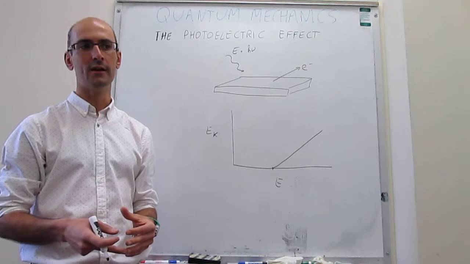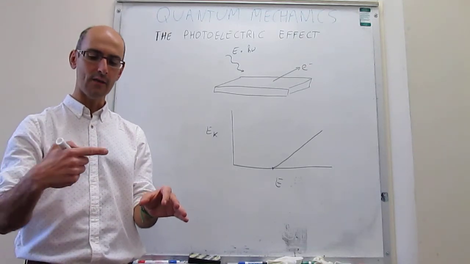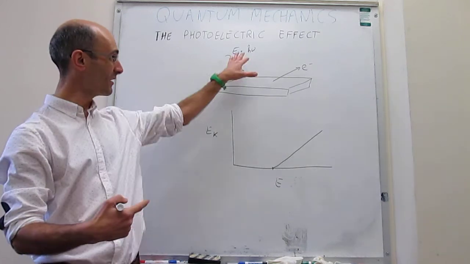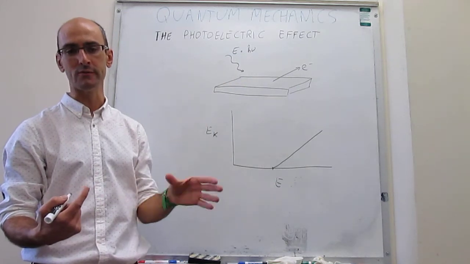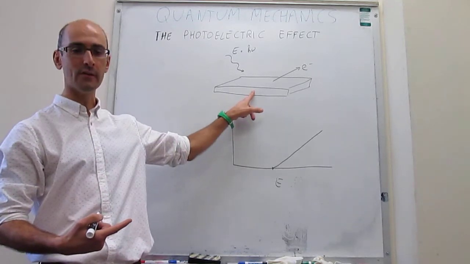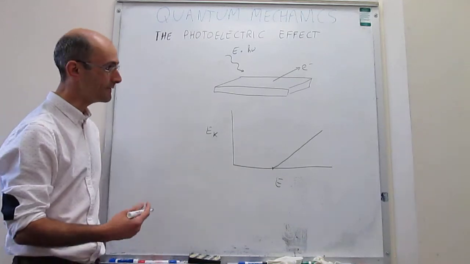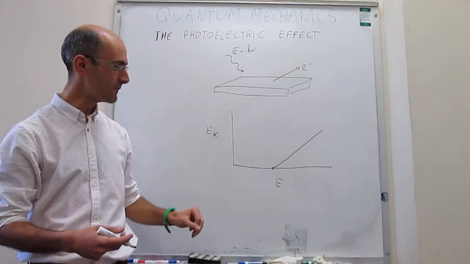And particles are objects that have mass. The particle properties are that these light particles that we now call photons can actually collide with electrons on the metal surface and then eject them. So if that's the case, then we can actually explain this experiment.